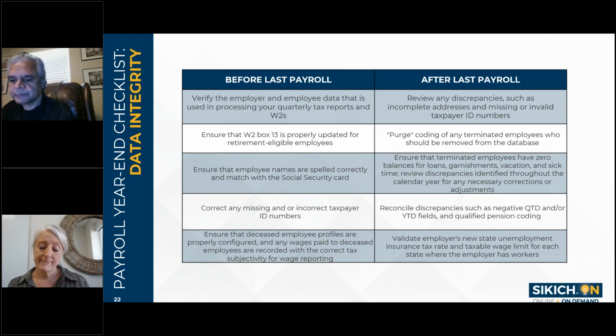Let's see, Medicare. So this is an important one after the last payroll, right? You want to validate. Again, I would take a cross section of a handful of individuals. In particular, I like to keep an eye out for that additional Medicare if you have any employees that might potentially kick in for it. It can sneak past you, that wage limit for the additional Medicare.